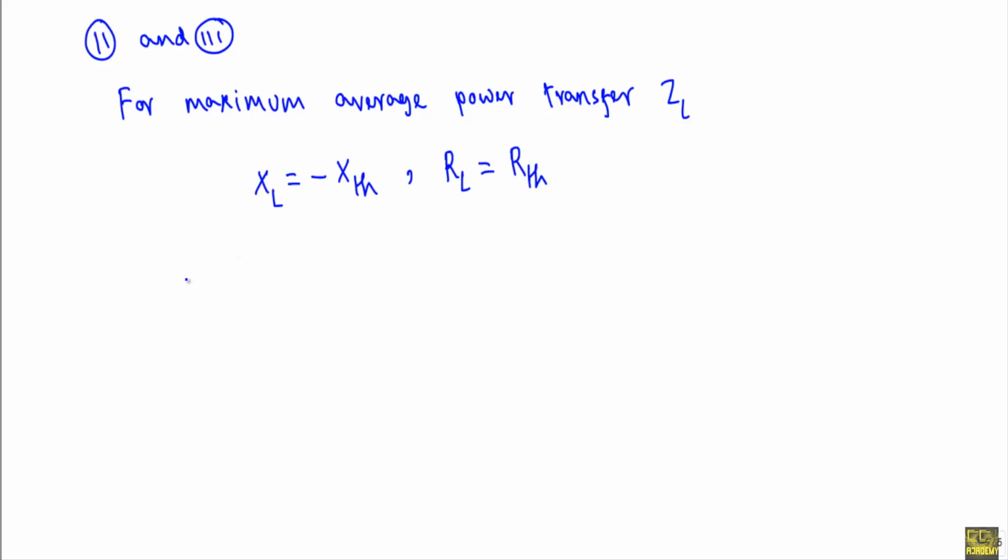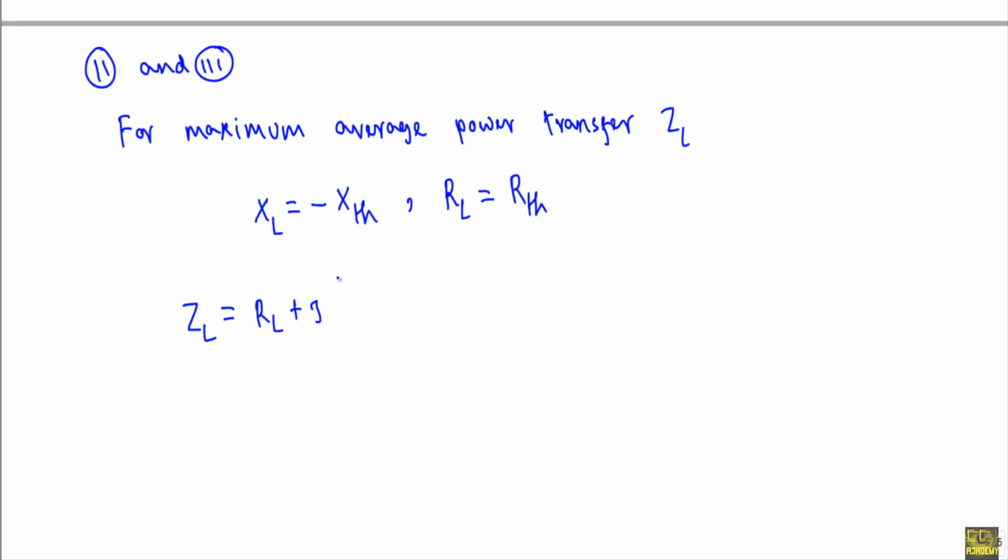That means for maximum power transfer theorem we can write down ZL is equal to RL plus jXL. For maximum power transfer RL has to be equal to RTH and XL has to be equal to minus XTH. Now see, in the circuit we represented ZTH by RTH plus jXTH.